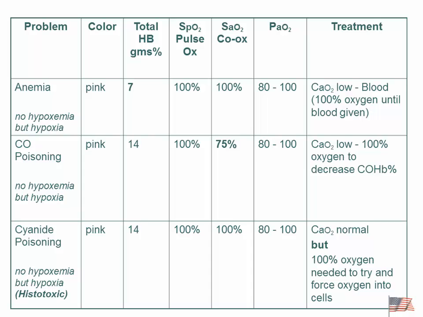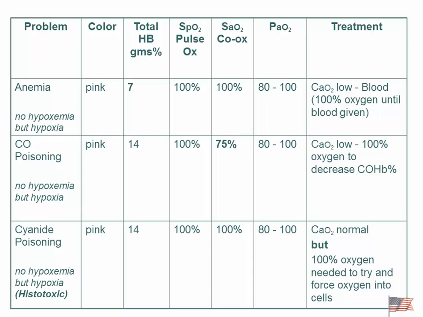Last one, cyanide. Cyanide? Really, Rick? Is there really cyanide poisoning that exists? The answer is yeah. House fires where there's burning plastic. When you burn plastic, you end up having hydrogen cyanide gas released. You can actually have an elevated cyanide level.